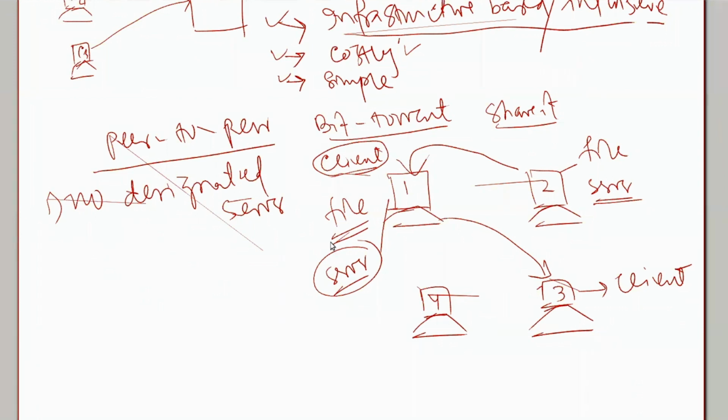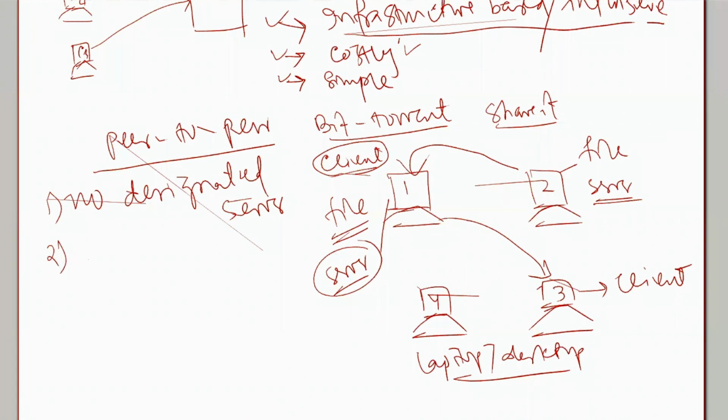Every machine is just a very simple machine like a laptop or desktop. So that's why we do not need any designated server. If I do not need any designated server, and every machine is just like a laptop or desktop, then what about my cost of communication? My cost of communication will be less.